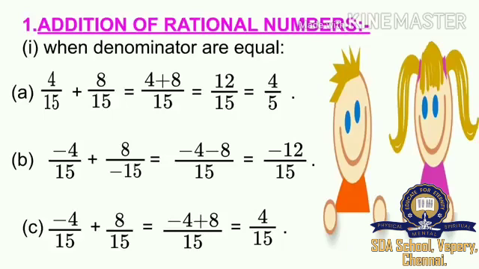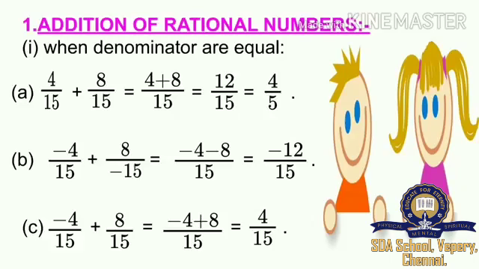Let's begin our class. Addition of rational numbers. In addition of rational numbers, there are two cases: when the denominators are equal and when the denominators are unequal. First, we are going to learn about equal denominators. Here you can see 4 divided by 15 plus 8 divided by 15.